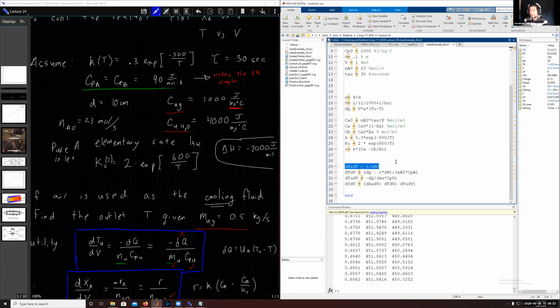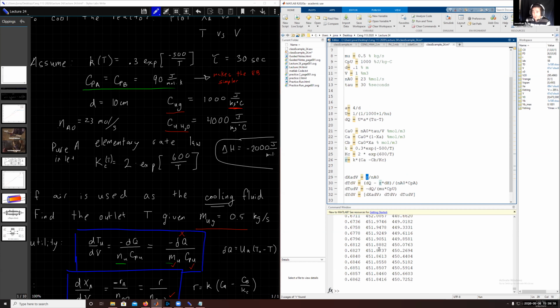Okay, so again, just to double check, as a general tip, if you describe everything in terms of variables the way that we are, that allows you to backtrack to where you define the variables. So starting from our dXA/dV equation, if I double click a given variable, so R in this case, it'll highlight it everywhere it appears in the code. So R is defined, and then I have to look at R. Well, I can see that K is defined, and this is just a set of constants because we're going to be inputting temperatures.